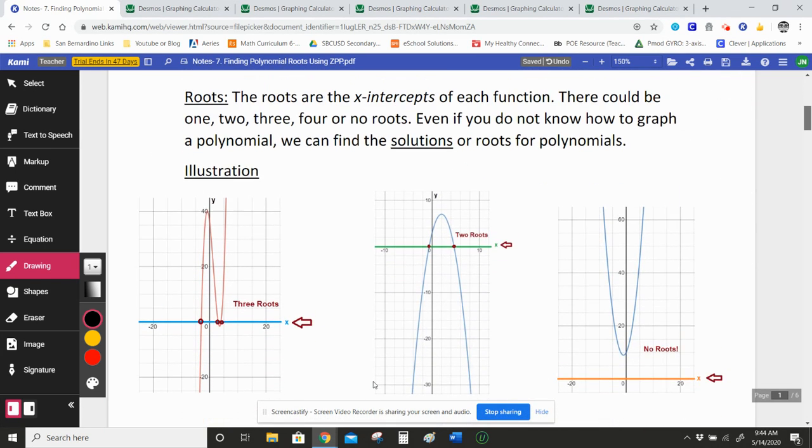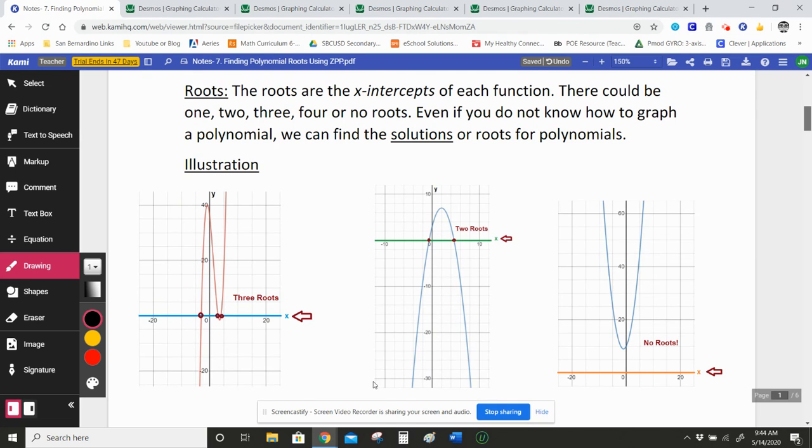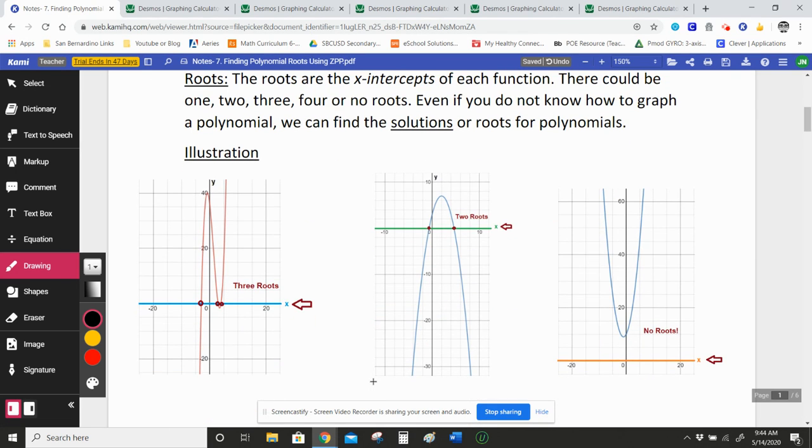Just a quick recap on what we talked about when we looked at roots. Another way to say roots is x-intercepts, where it touches the x-axis for each function. There could be 1, 2, 3, 4, or no roots depending on your graph, depending on your function. So when we're solving these polynomials, we're finding these roots using the zero product property.